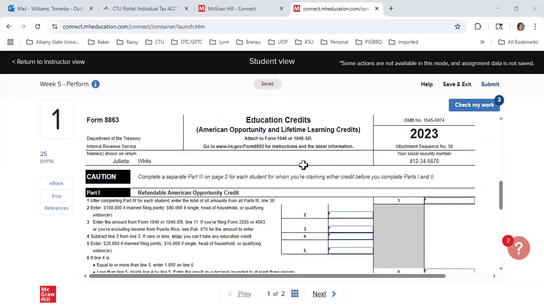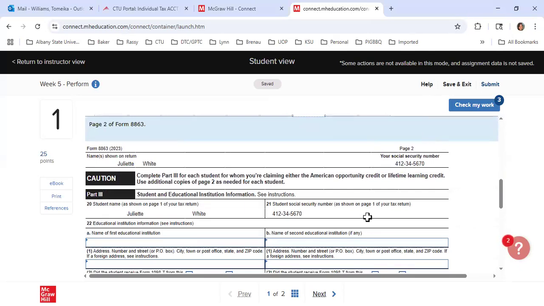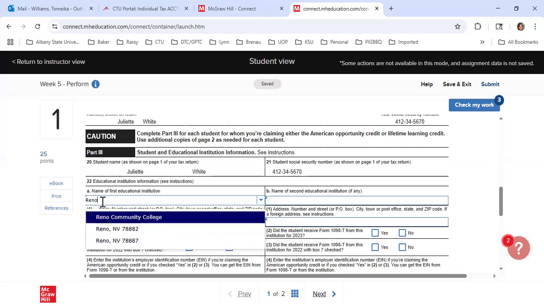Okay, very good. So now we're going to go to the 8863, page 2. Now, with this one, this is basically the information that is needed for the education portion. The first thing is the name of the educational institution. You can start typing Reno.